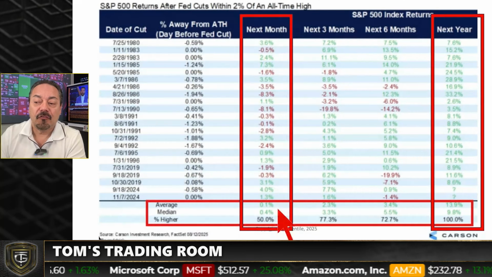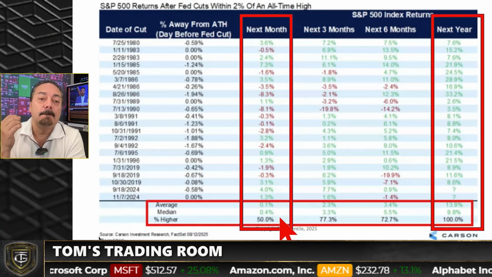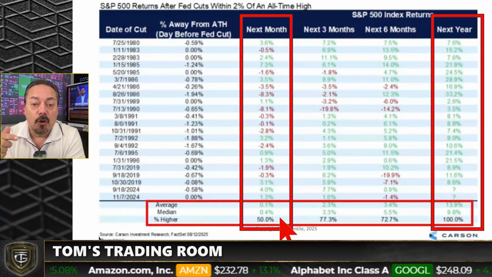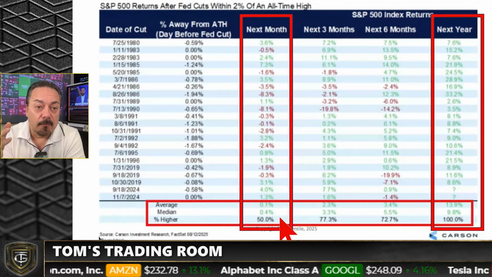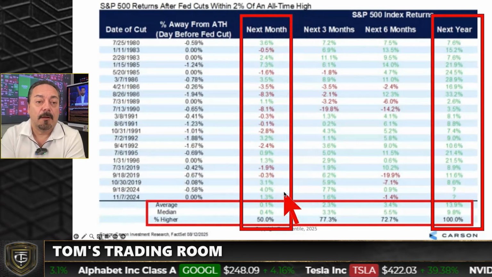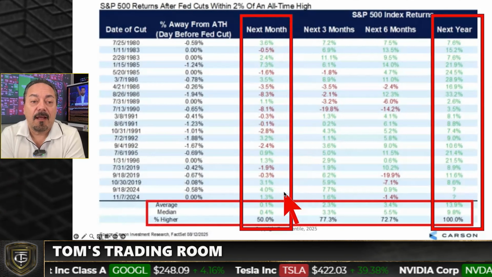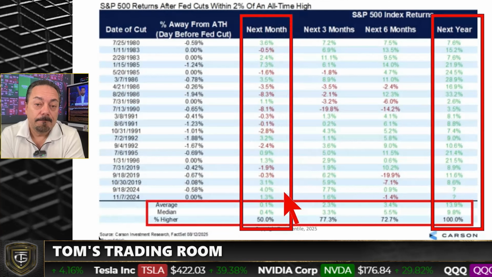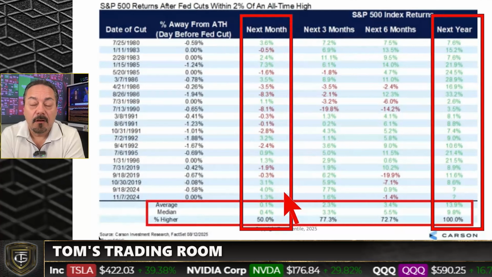And that 50% number meant that a month later, the markets were either higher or lower, okay? Out of all the data we saw, half of the time the markets were higher, and half the time the markets were lower. So that's a coin flip, okay? That's really not a pattern.